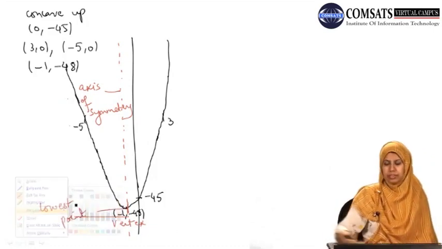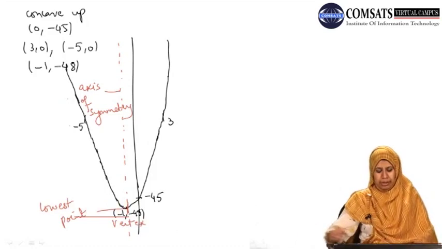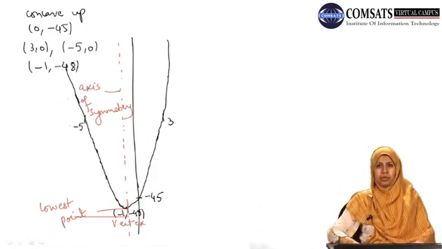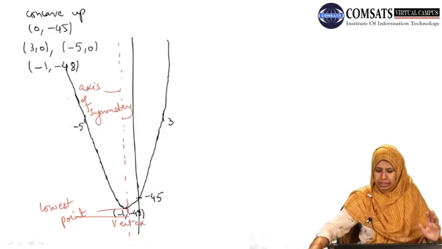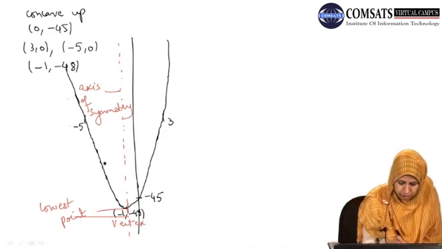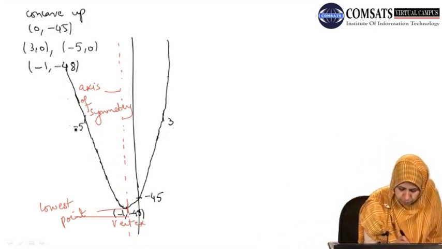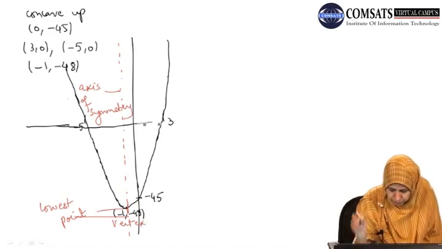Okay, now we have seen that by having the information of these 4 points in hand, that is the concavity, x-intercept, y-intercept and vertex, we can easily have an idea. Where is our x-axis? Oops, our x-axis is missing.